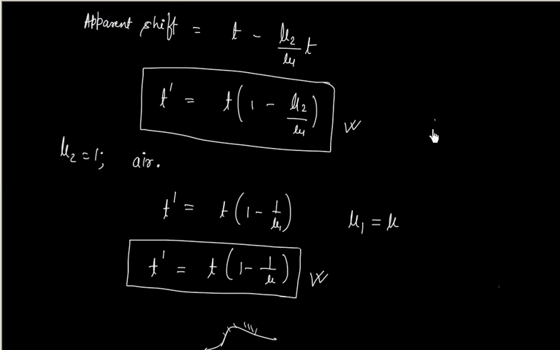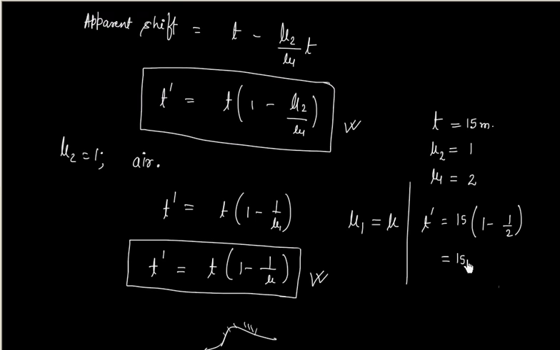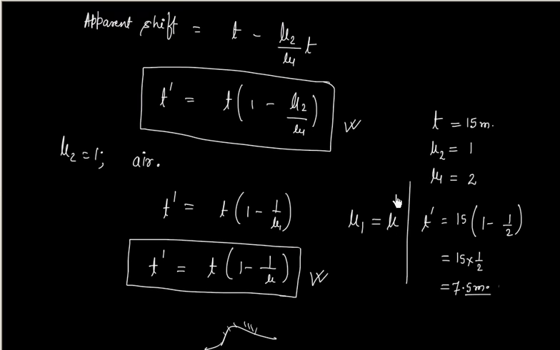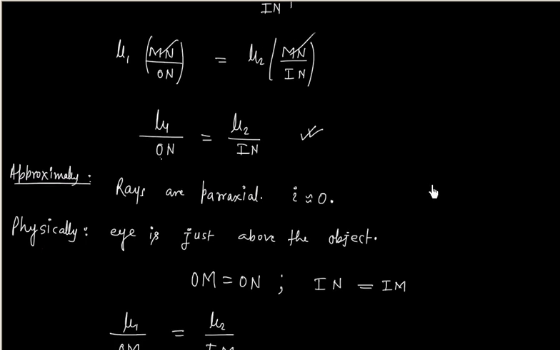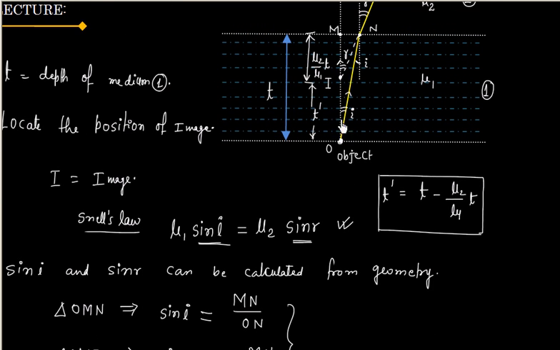For example, if t is 15 meter, mu2 is 1 and mu1 is 2, then t dash is equal to 15 into 1 minus 1 by 2, that is 7.5 meter. This means the object will look 7.5 meter above the bottom.